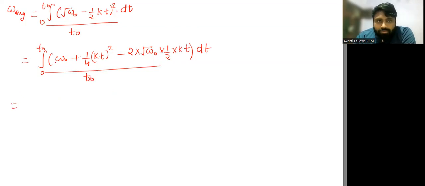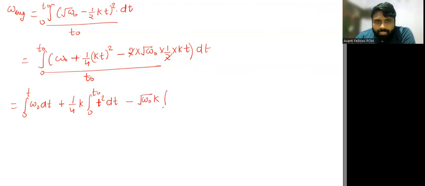Now you distribute the integration, so it will become 0 to t naught omega naught dt, plus 1 by 4 k, 0 to t naught t square dt, minus, this 2 and 2 will cancel out, so it will become the integration of, and root omega naught is a constant and k is also constant, so root omega naught k, integration 0 to t naught, t dt. Got it? Yeah, divided by t naught.